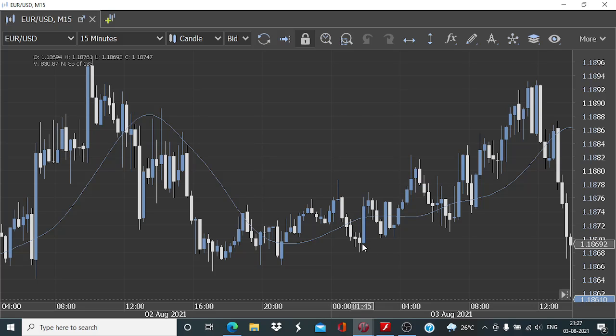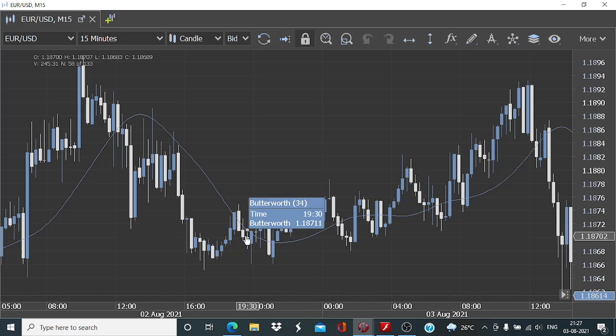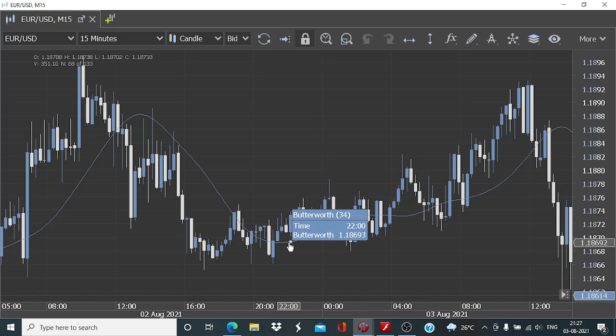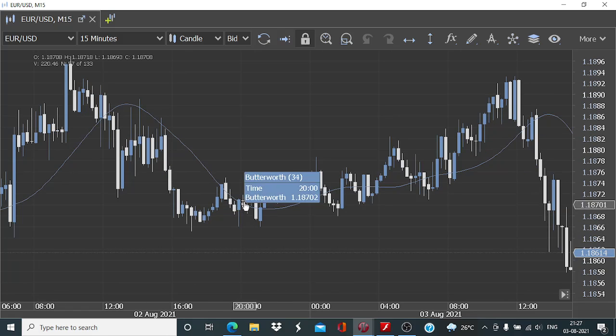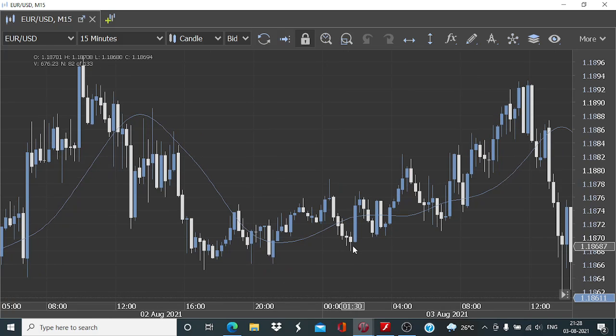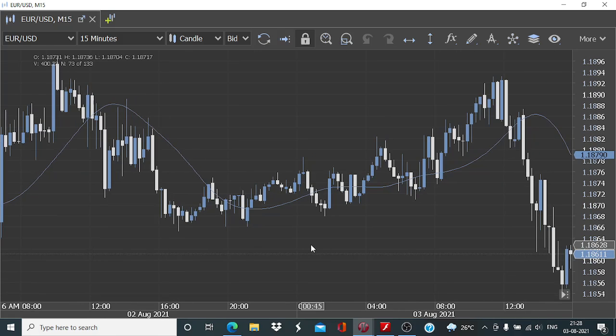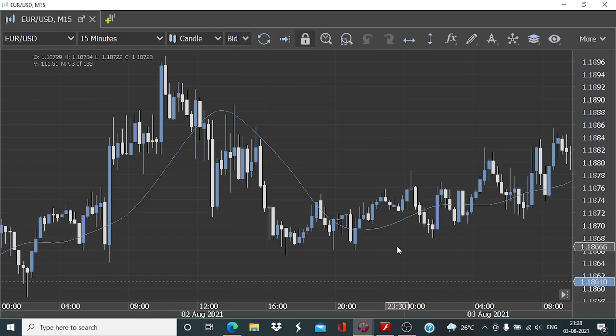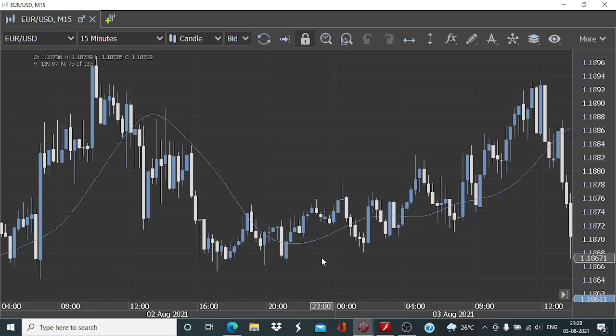This kind of formation should be good enough, provided the 4-hourly conditions are in place and this is happening in the first 3 hours of this change in momentum. So these are the conditions which we are going to consider to start trading. This is the easy setup, and I hope you have been able to understand the finer points of how we are going to place the trade.